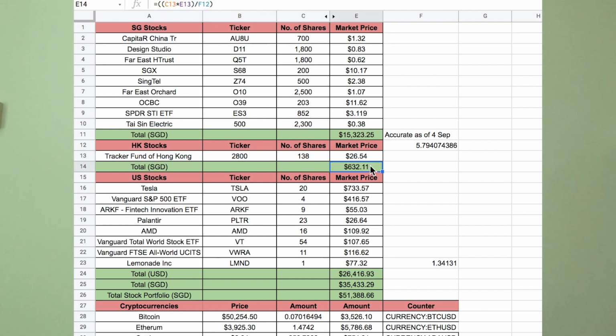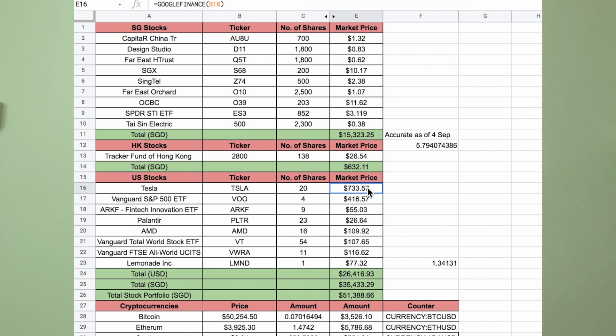For Hong Kong holdings, I'm able to extract the real-time prices by using the formula equals GOOGLEFINANCE, then the bracket, the ticker, which is 2800, to get the price. Hence, this explains the ticker column, as it helps me extract the prices from Google Finance.